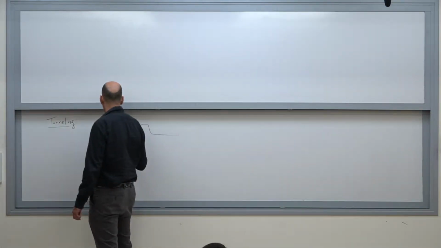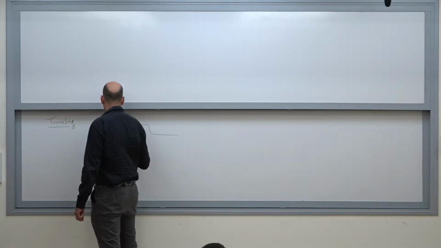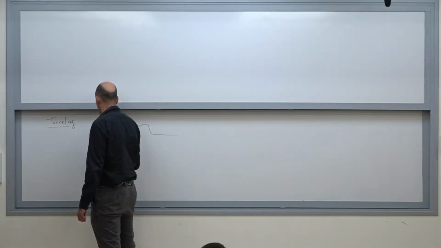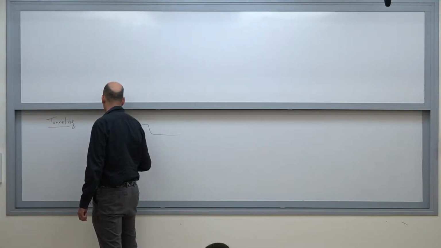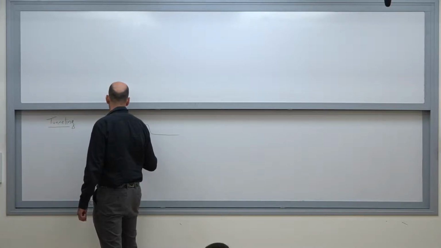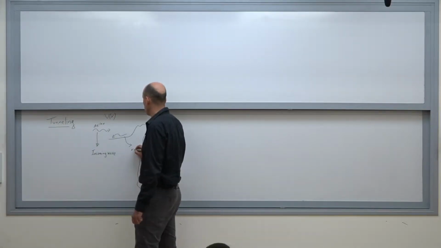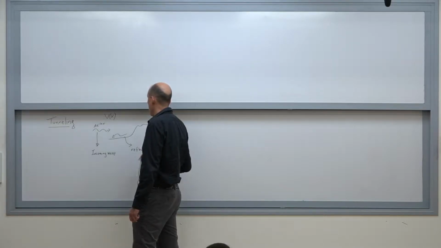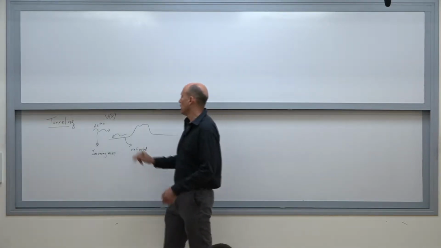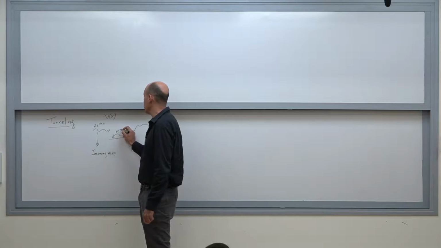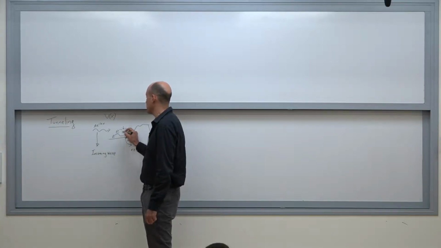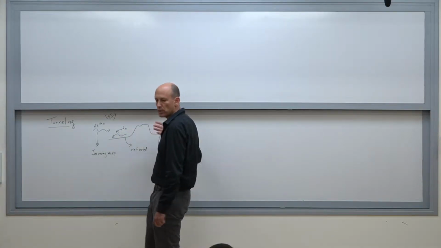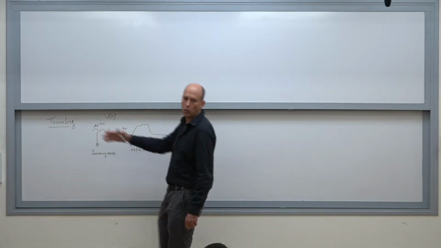Now, in addition, I will have, so this is going to be called incoming wave, and this is simply the reflected part. Now, the reflected part is denoted by e to the minus ikx. The minus sign represents the fact that now the momentum is going in the opposite direction.